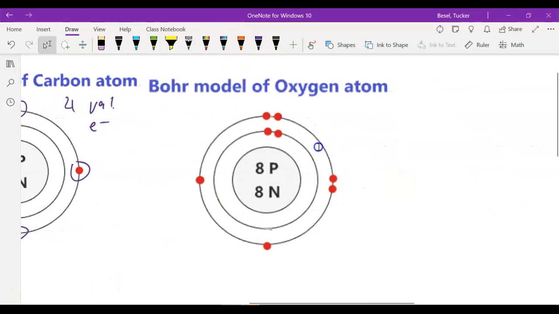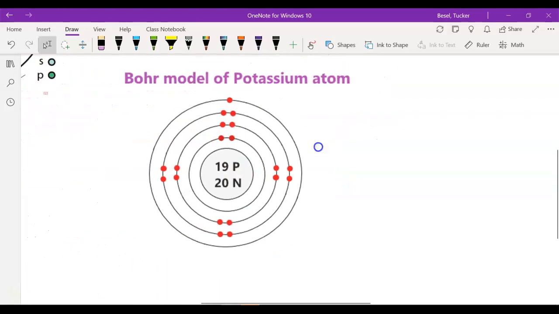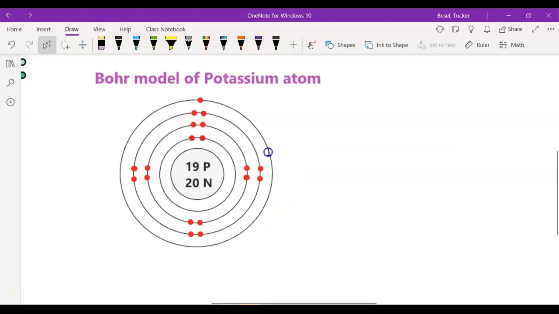And then for oxygen, it would be 6 valence electrons. And then last but certainly not least, there's all this action going on for potassium, but this one also only has 1 valence electron.